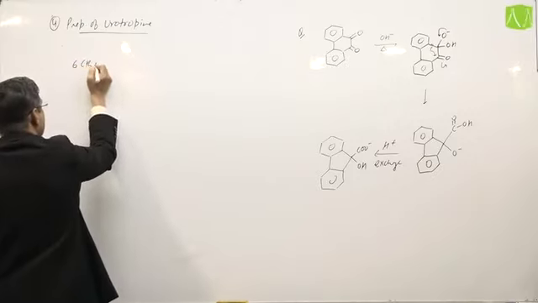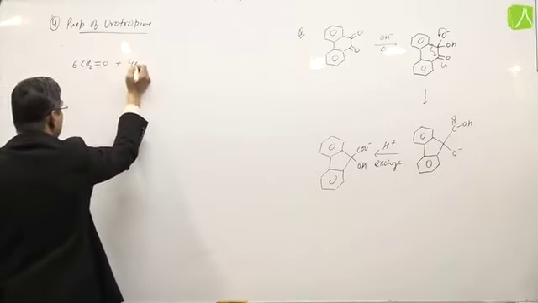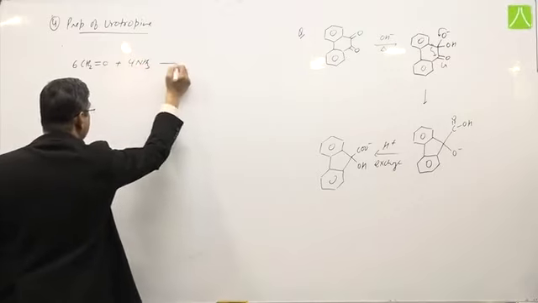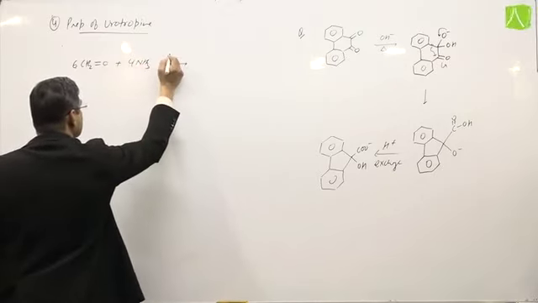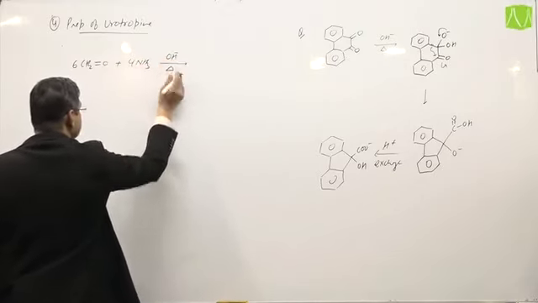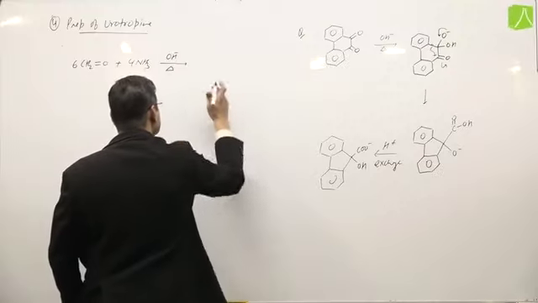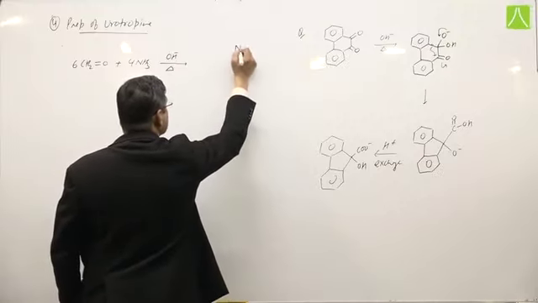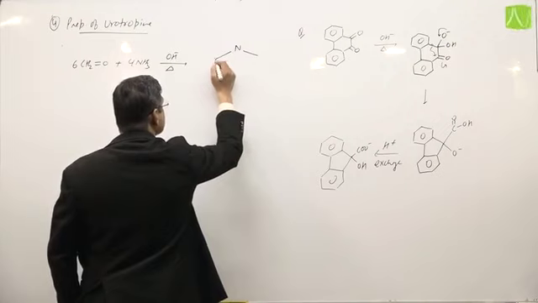6 moles of formaldehyde plus 4 moles of ammonia on reaction with acidic or basic medium, it gives urotropin. Structure of urotropin is like this.